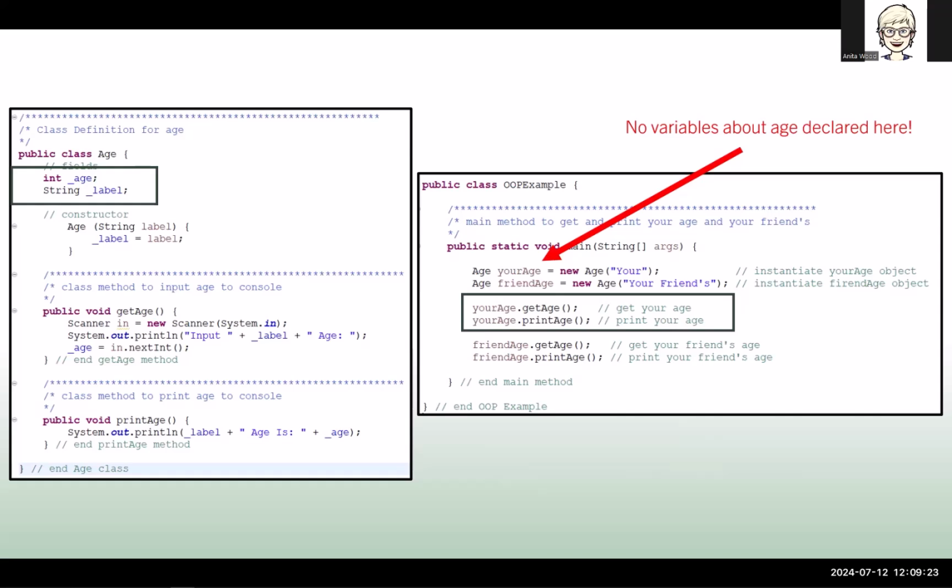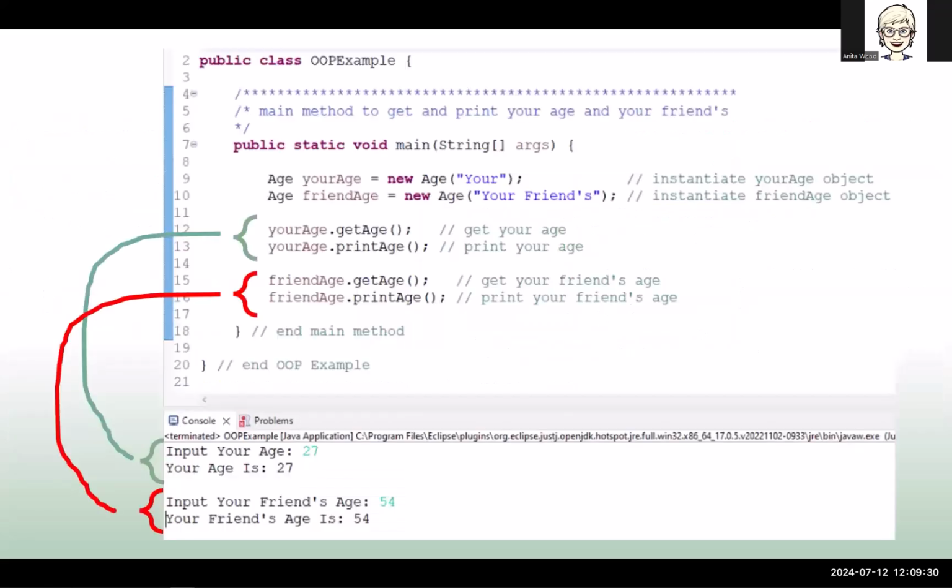Also, these methods do not return values because, again, the data is encapsulated in the object. The call to the getAge method associated with the yourAge object will only have access to the attributes associated with yourAge. Same with the printAge method.